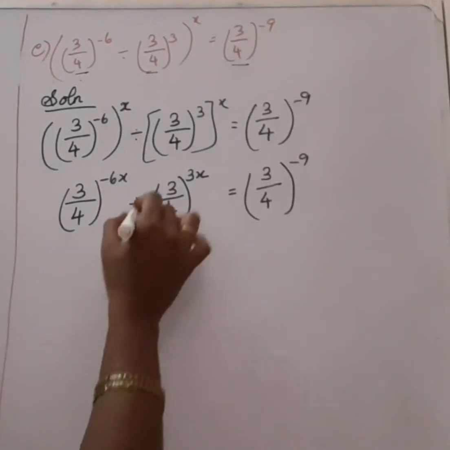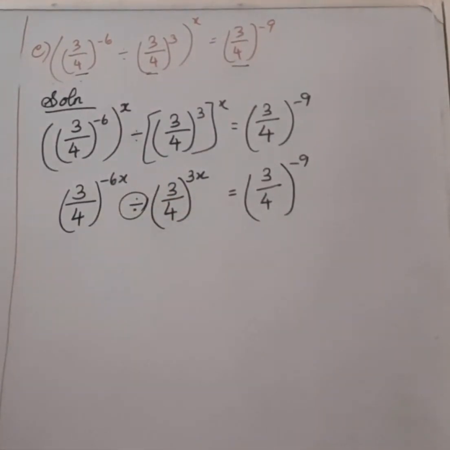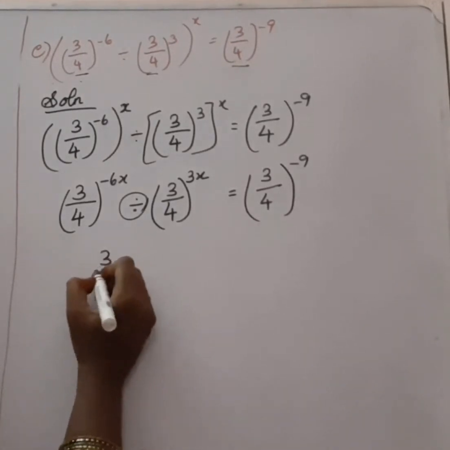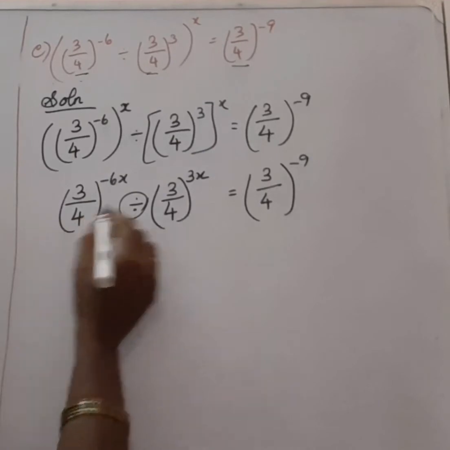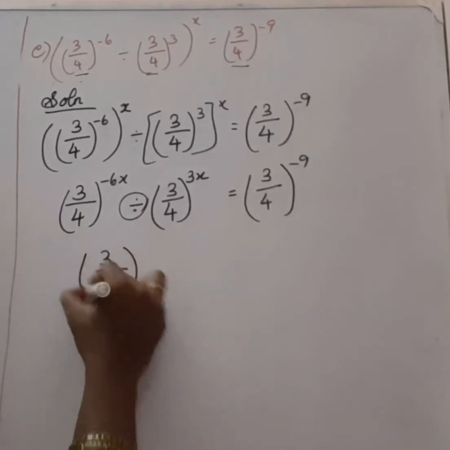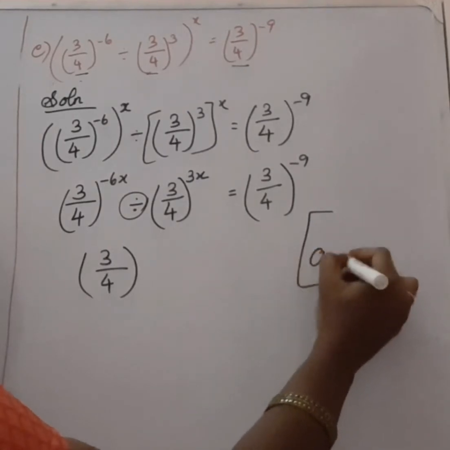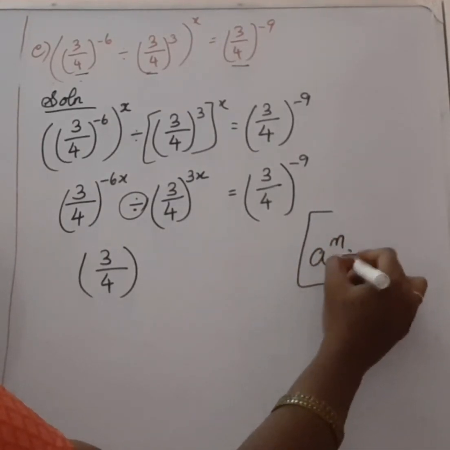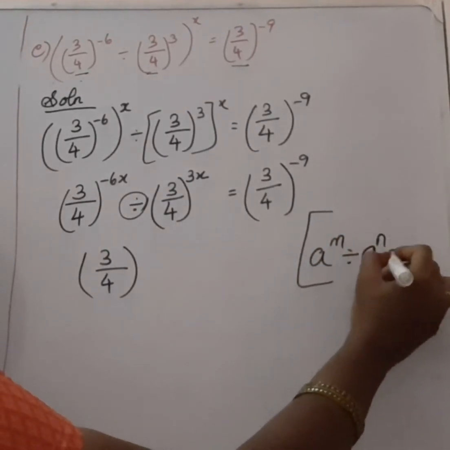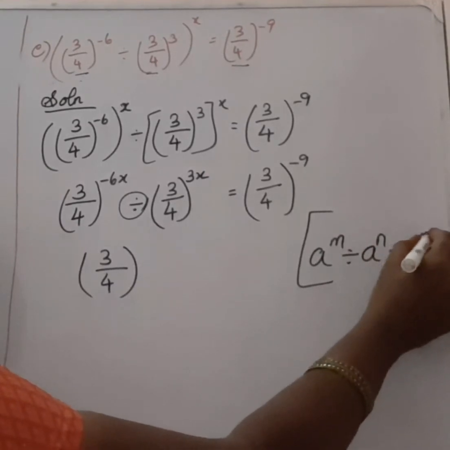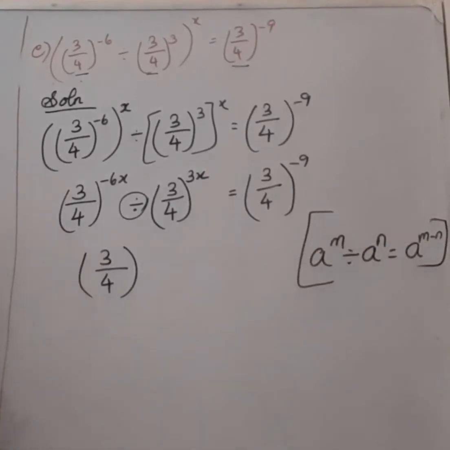Now see here, the operation is division. So what's the thing we want to do in the powers? We want to subtract the powers. So 3 by 4, here the base is the same, so only one time the base will come. I wrote here the property: a power m divided by a power n equals a power m minus n.